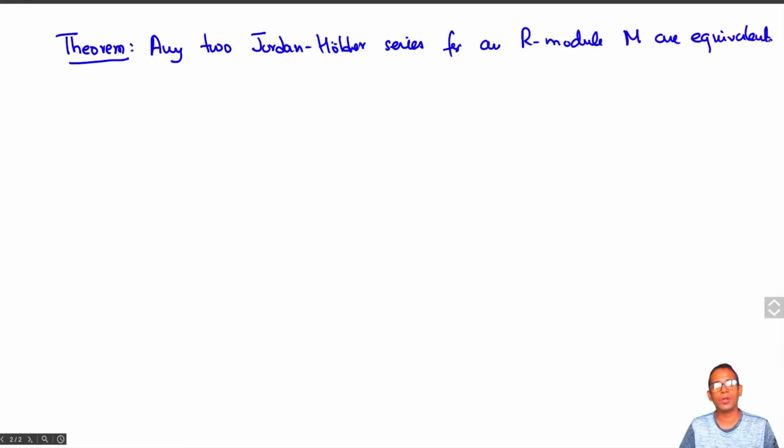Okay, so let's just decode what this is. Firstly, I'm not claiming that an R module has a Jordan-Holder series. I'm just saying that if it has two Jordan-Holder series, they must be equivalent.